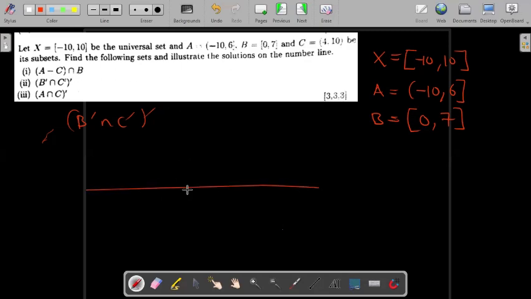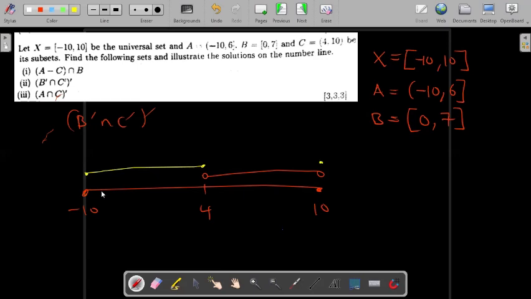Like the way we did with C. If we had plotted first, here it's closed at -10, and there you have 10. So C is from 4 to 10, open at both ends. Since you have this, you'll be able to see that C complement means it's going from here, this side closed, to -10, since it was open there.